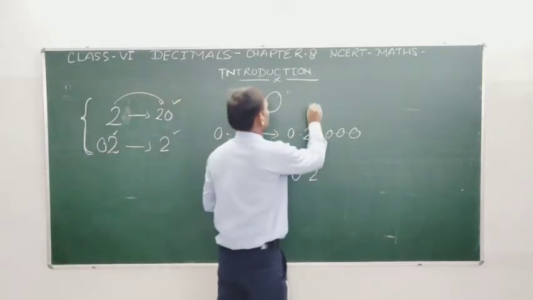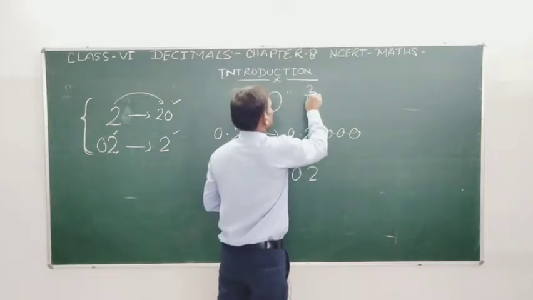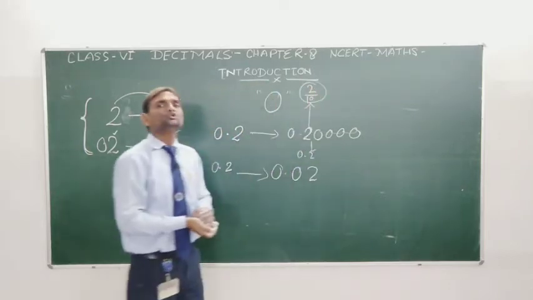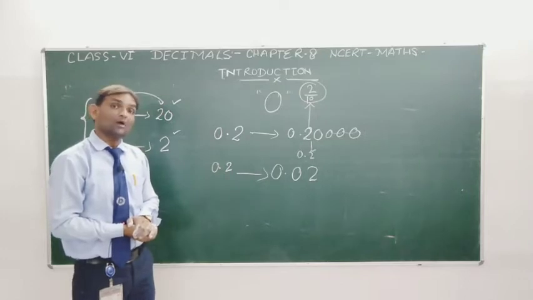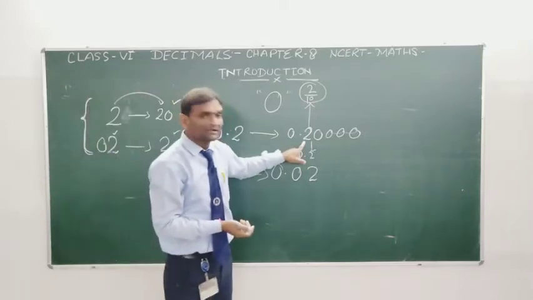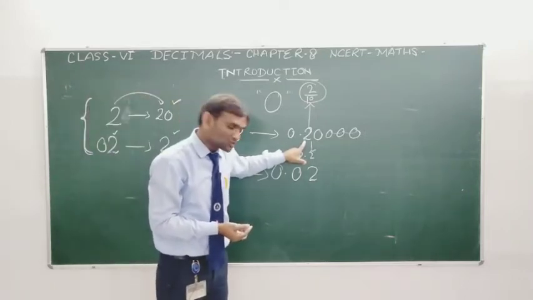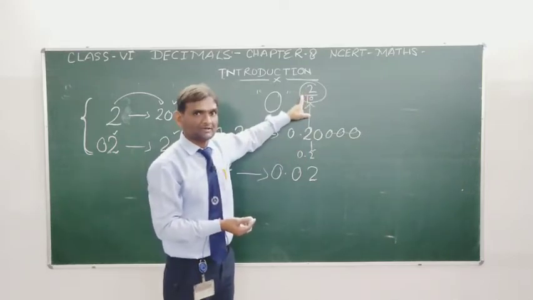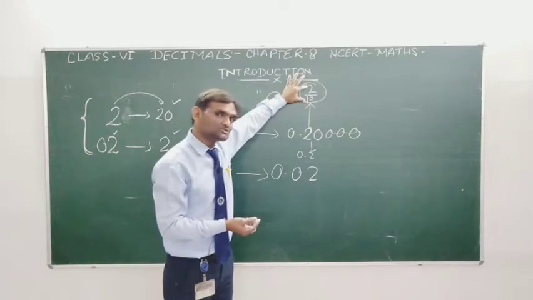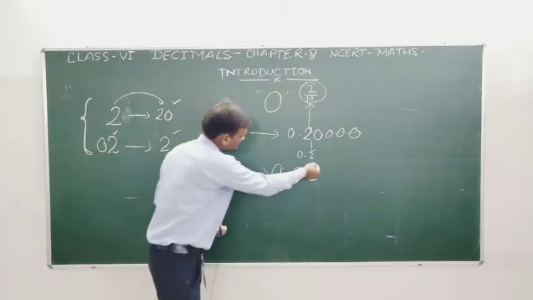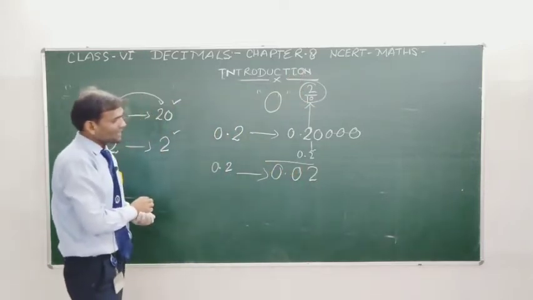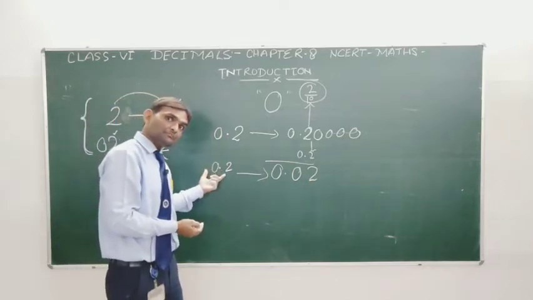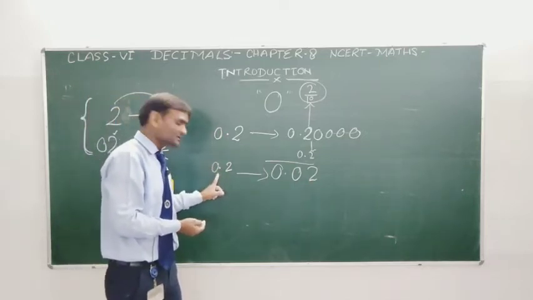If you had to tell its place value, what would you say? I just told you, 2 tenths. Why? Because it comes in the tenths place. So the place value of the 2 in 0.2 is 2 tenths.